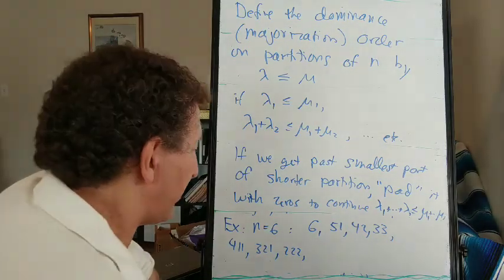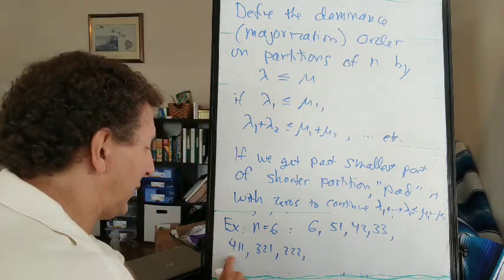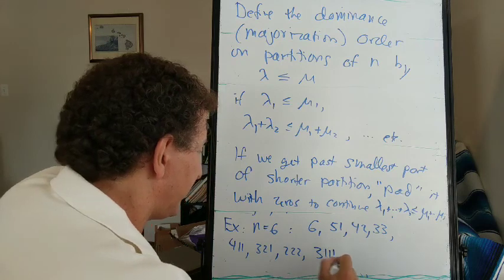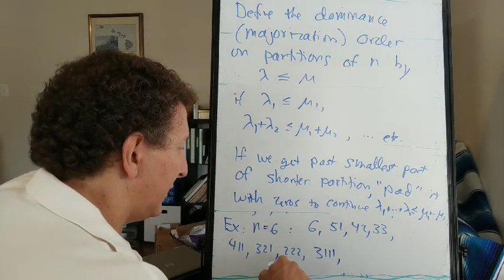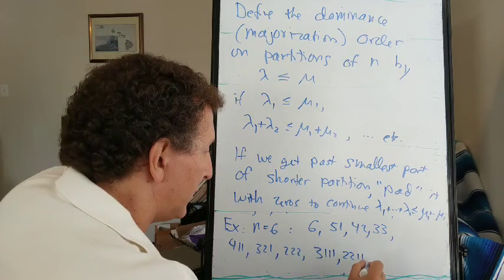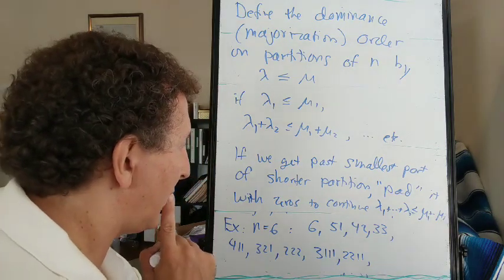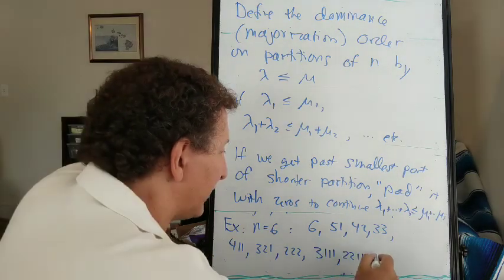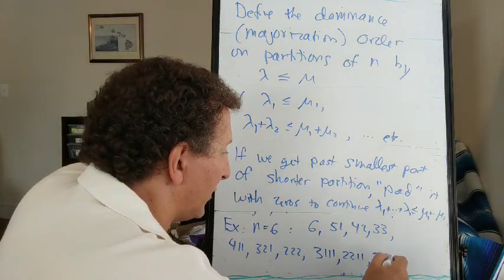For the 4-part partitions, I guess we can't start with 4. 3, 1, 1, 1, 2, 2, 1, 1. And then the 5-part partitions, I guess, is just 2, 1, 1, 1, 1.